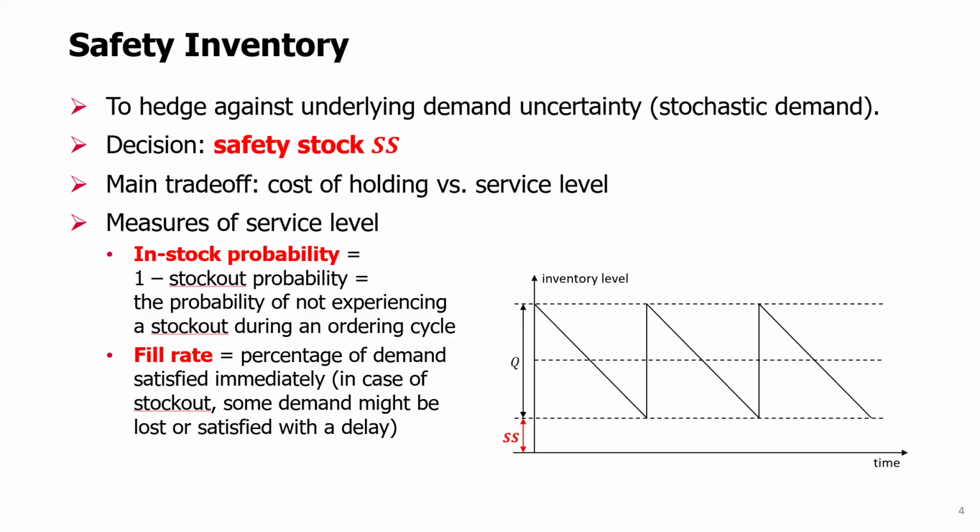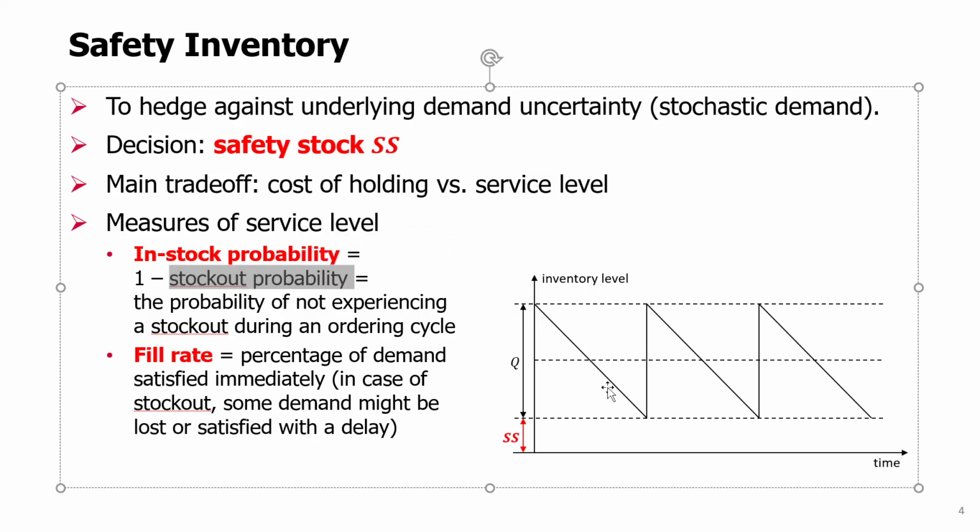This probability is defined for each cycle. What's the likelihood that the inventory drops to zero and there is still additional demand before we receive another shipment, another delivery? So in-stock probability would be 1 minus the probability of having a stock out.